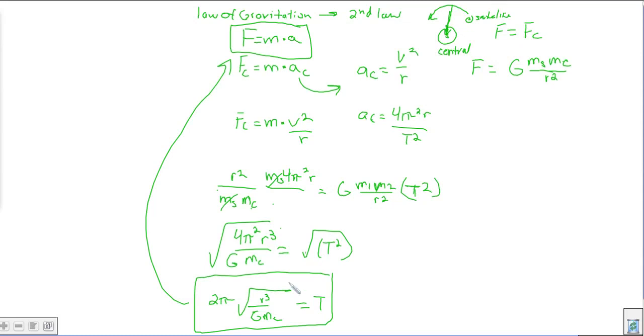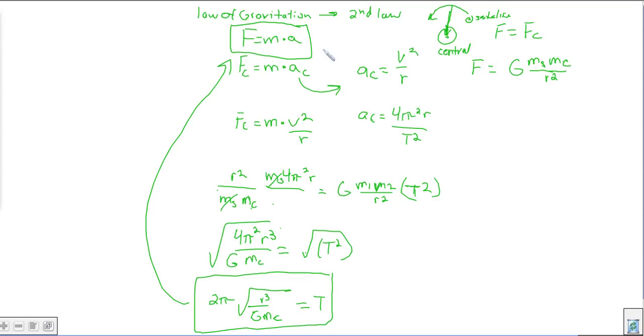So we have all of these factors in here. We have distance from each other. We have the universal gravitational constant. We have the mass of each thing, and we have the time it takes to go around it. So all we did right here is we isolated for time.